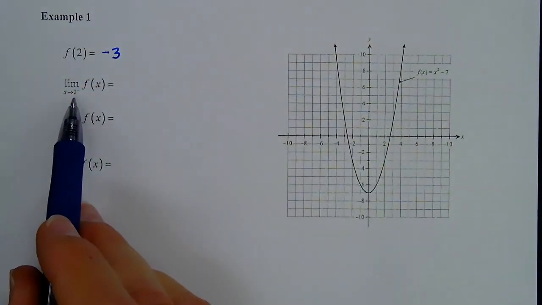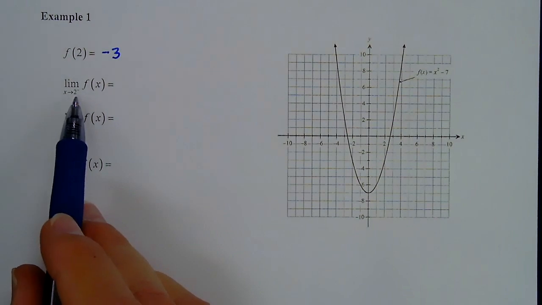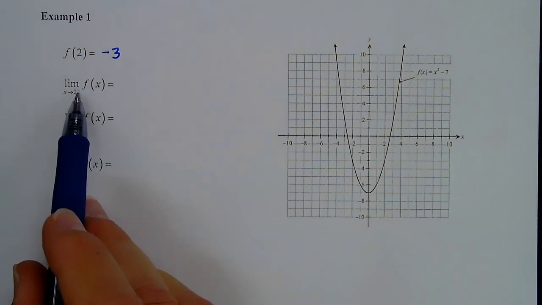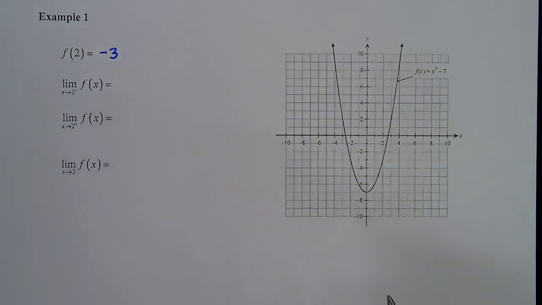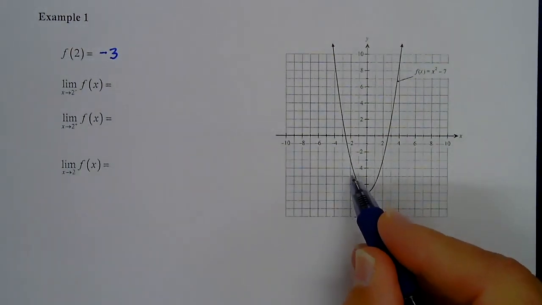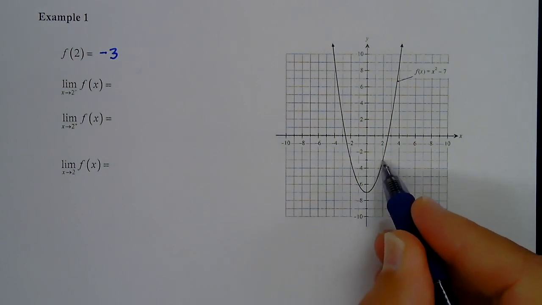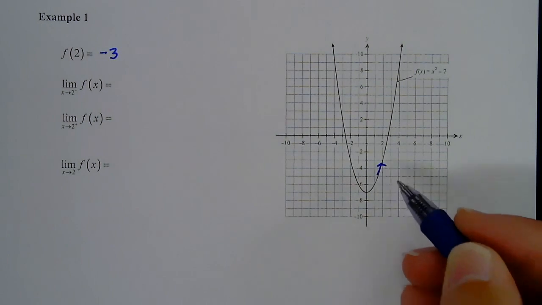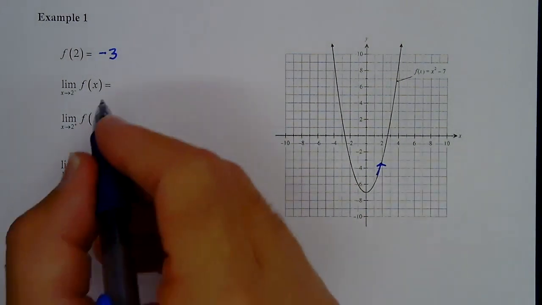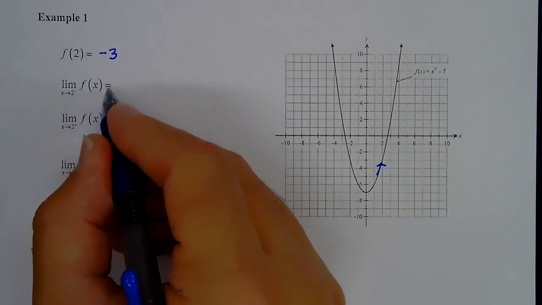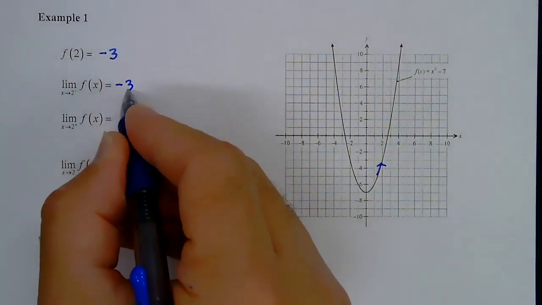Now, what is this one saying? This is a left-hand limit because of the negative right here. That means we're going to start on the left side of 2. So if we start from the left side of 2, we read this and we can tell that it's going to approach -3. Okay, so we're approaching this way, and so we see that it's approaching -3. So the limit from the left is equal to -3.